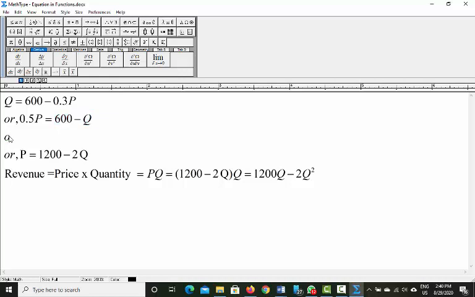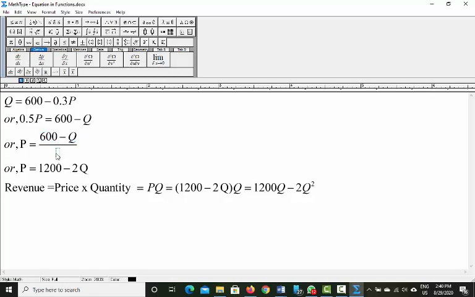Or you can do it this way also. Here we have 0.5, that's why we could multiply by 2, to get the round figure. But if you have something other than 0.5, then how do we solve it? Then what we can do is, P is equal to this one divided by 0.5.